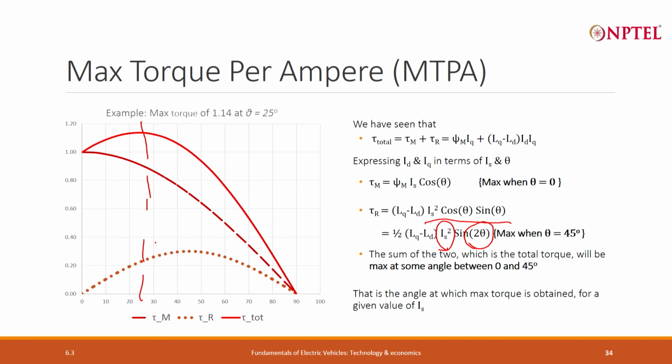So, if I select the angle correctly based on this equation, then I can get more torque than I can at any other angle for the same amount of current. But if the current changes, then the angle will also change accordingly, and this algorithm, which will be very important when we later on look at the controller design, is called MTPA, maximum torque per ampere.